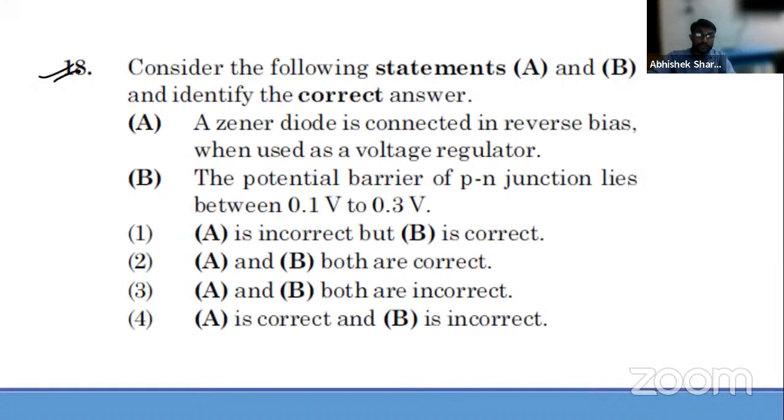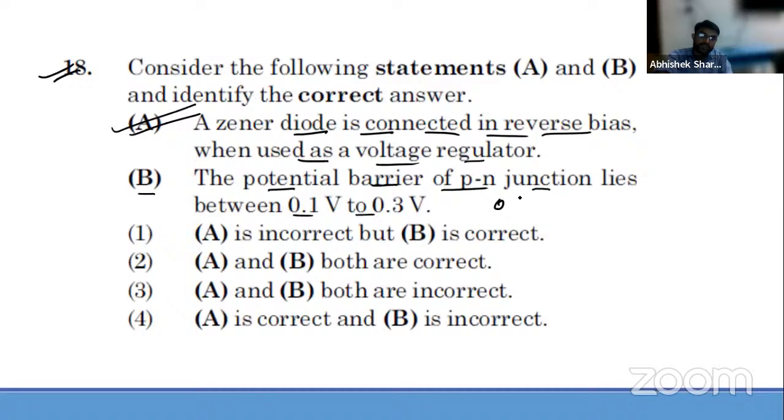Next, again a theoretical question which checks your theoretical concept clarity. So it says, first statement is a Zener diode is connected in reverse bias when used as a voltage regulator. Of course, it's sure. Zener is for what? Reverse only. Next is the potential barrier of a PN junction lies between 0 to this. This is doubtful. Why?